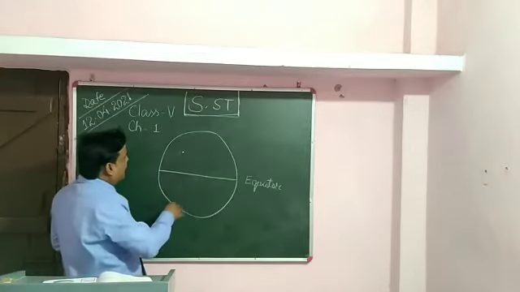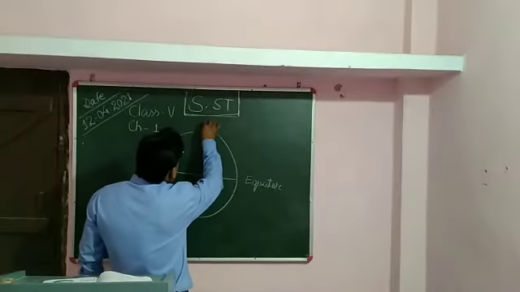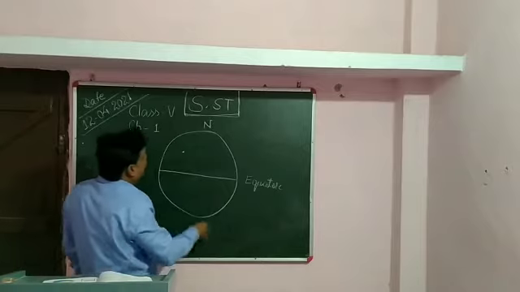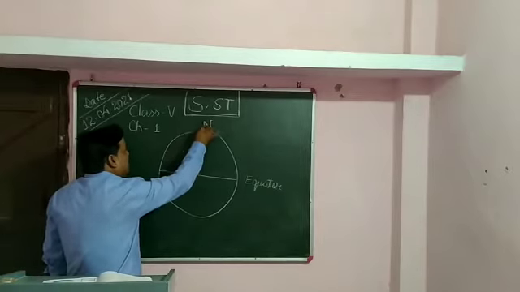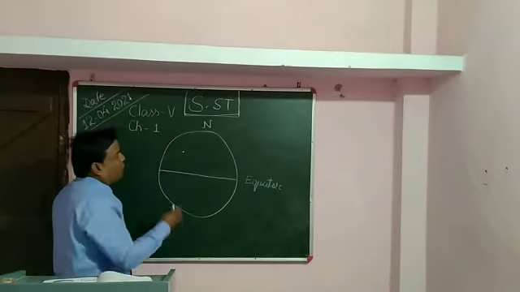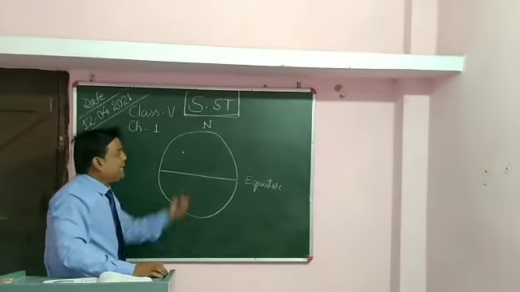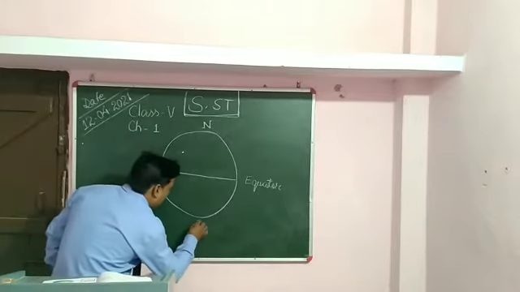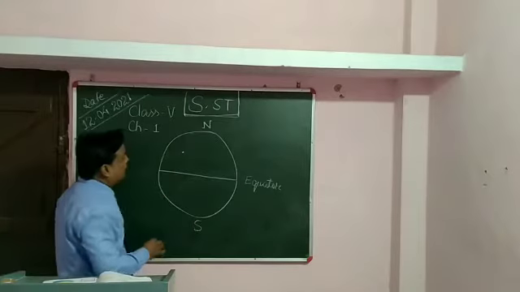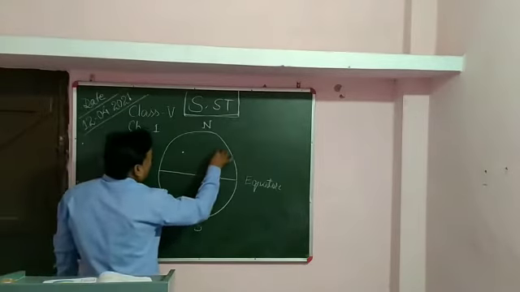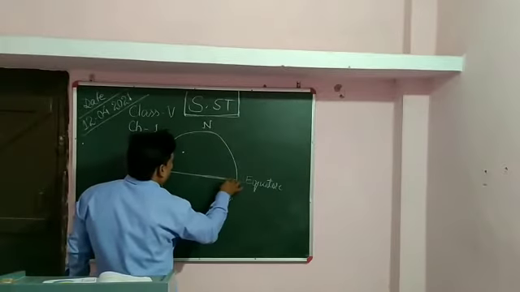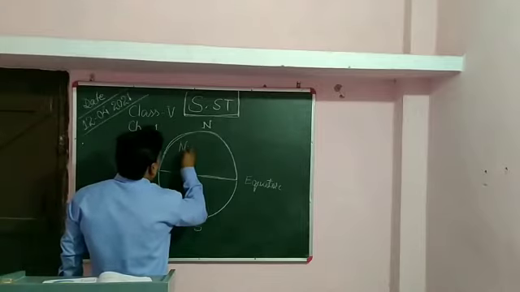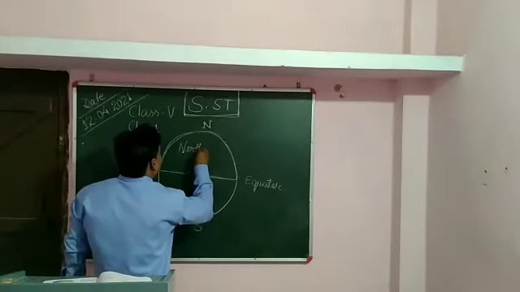Always keep in mind that on a map or on a globe, the side towards the top indicates the north side, and at the bottom it is south. This half of the globe will be known as the northern hemisphere.